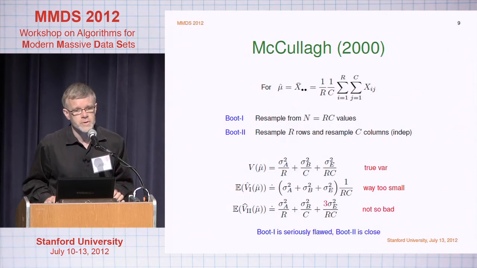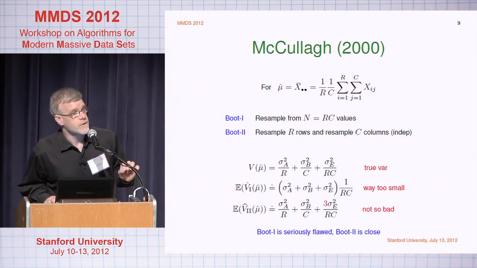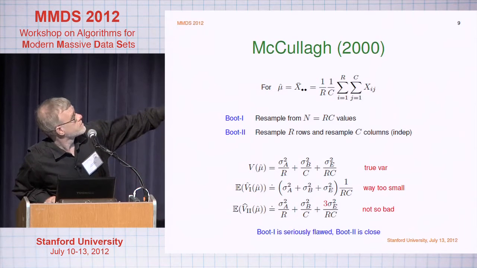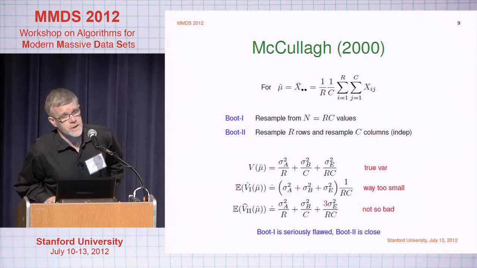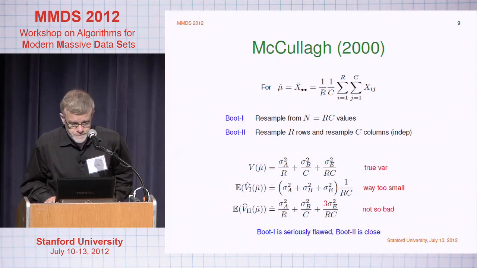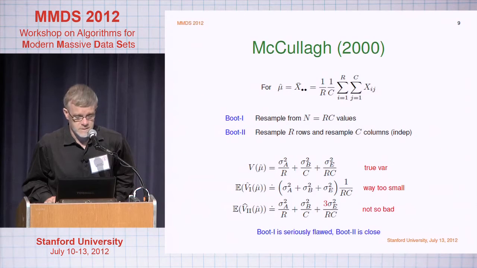Okay, so there is some good news. There's an approximate bootstrap that would work. So let's look first at this very simple case. We have a completely regular grid, R rows and C columns, and we just want the average. So one thing you could do is ignore the structure of the data and just bootstrap those n values.